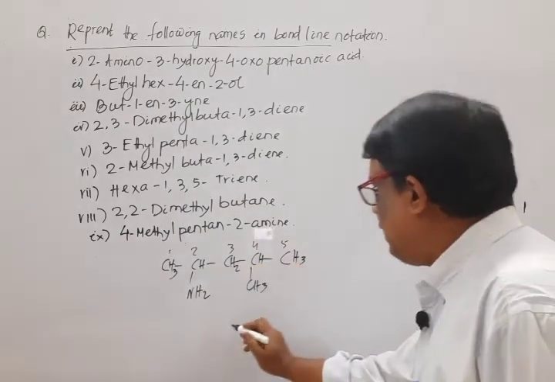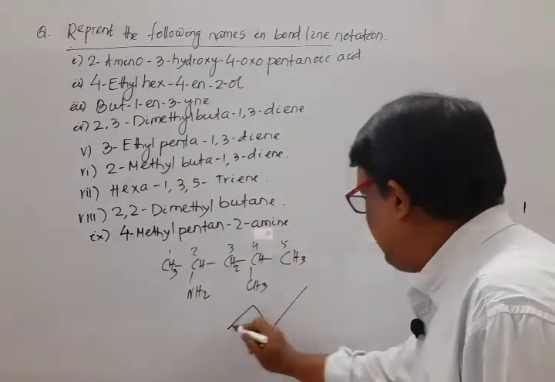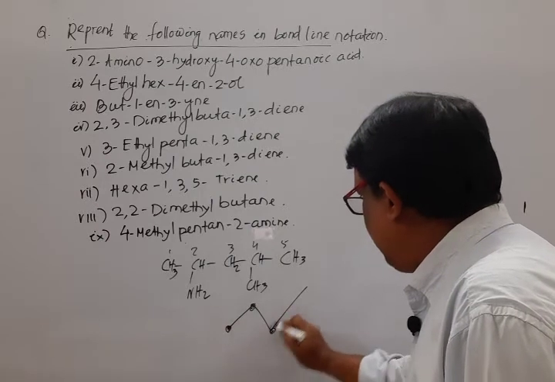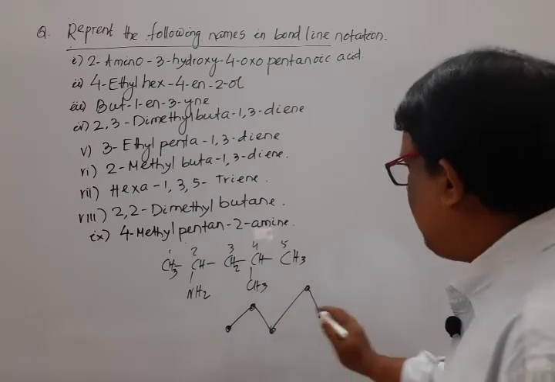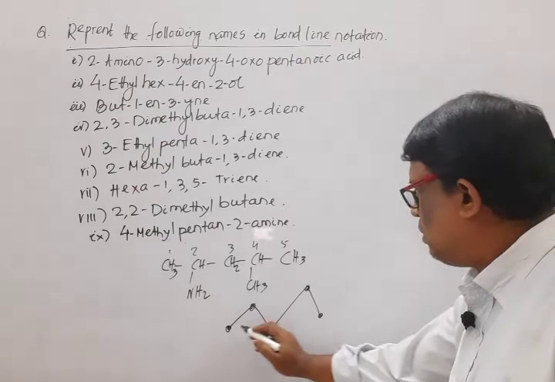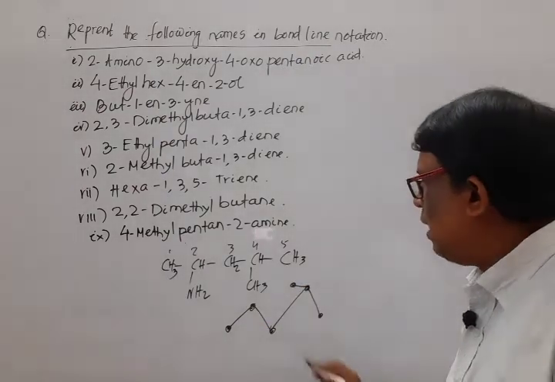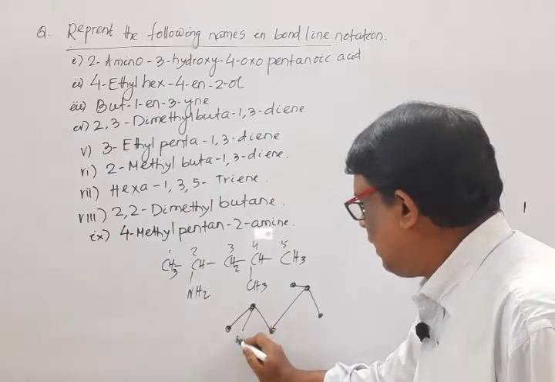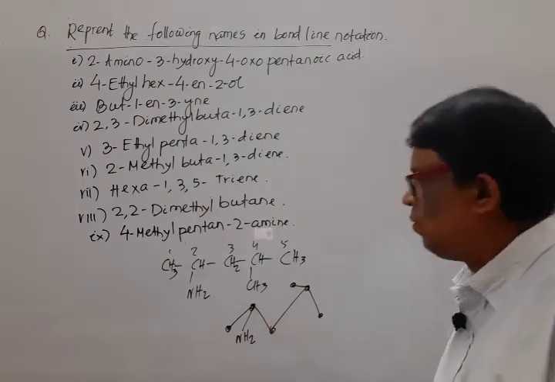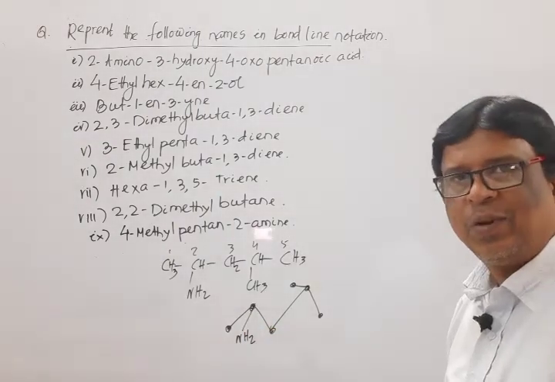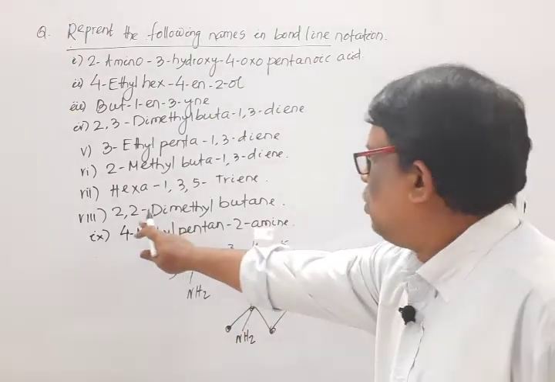So you represent it 1, 2, 3, 4, 5. 5 carbon is there. 4 position 1 branching is there. And 2 position it is NH2. Okay.